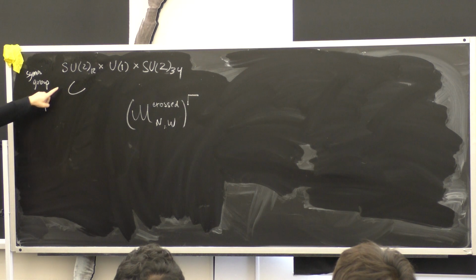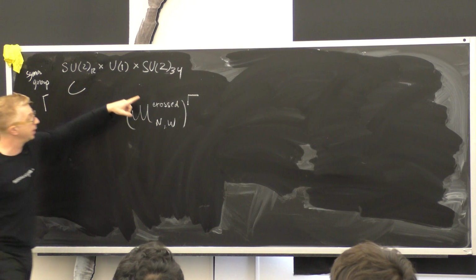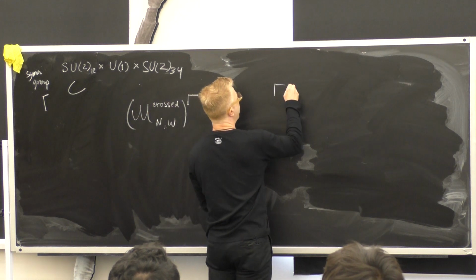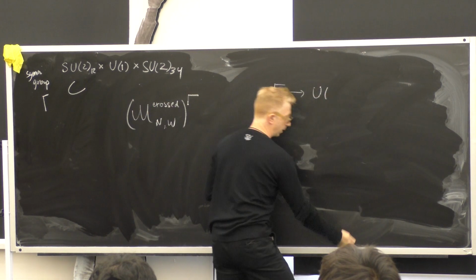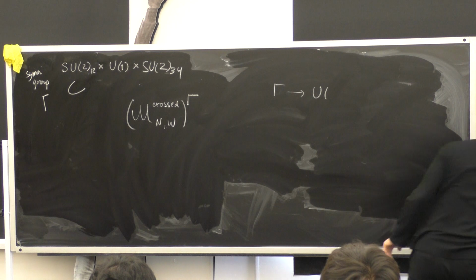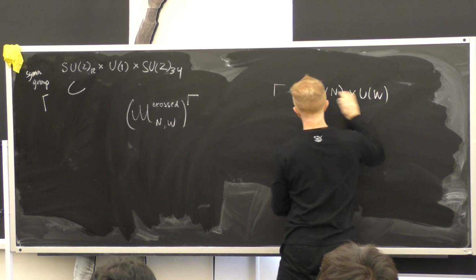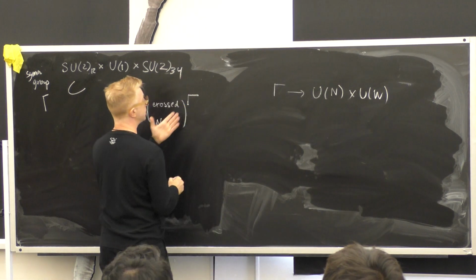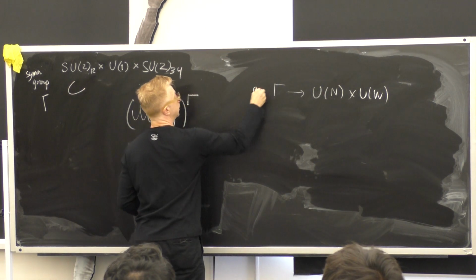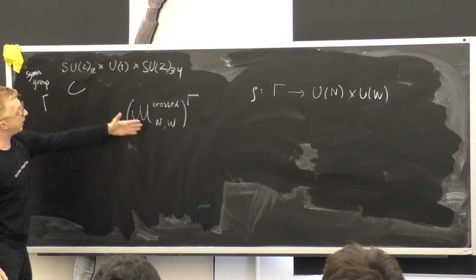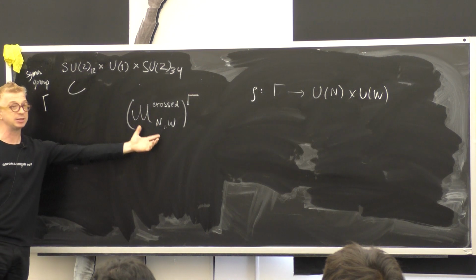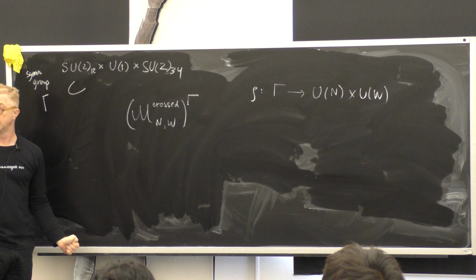I choose a discrete finite subgroup gamma of that group, and then I fix its homomorphisms into UN and into UW. Once I fix that, that defines the action of gamma on that moduli space, and now I can take the fixed locus.